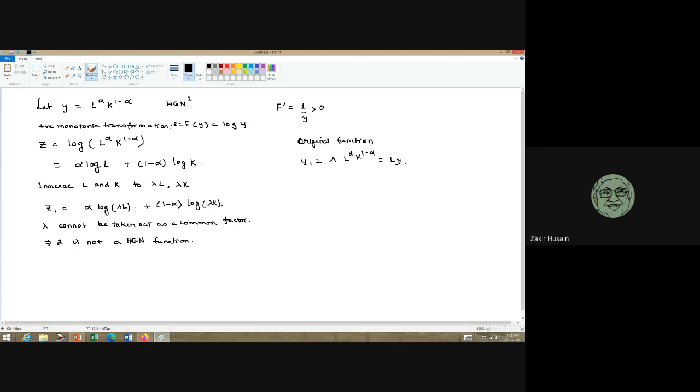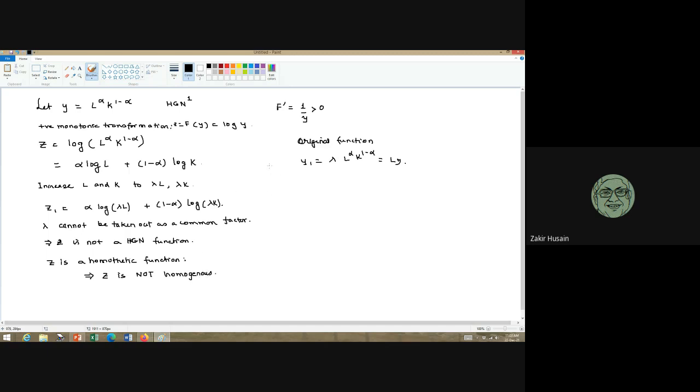Okay. So this is a homothetic function, right? Because we have taken a positive monotonic transformation of a homogeneous function. But Z is not homogeneous.